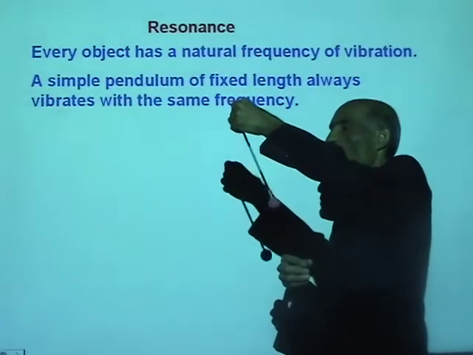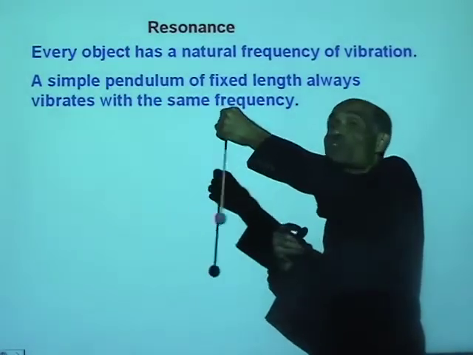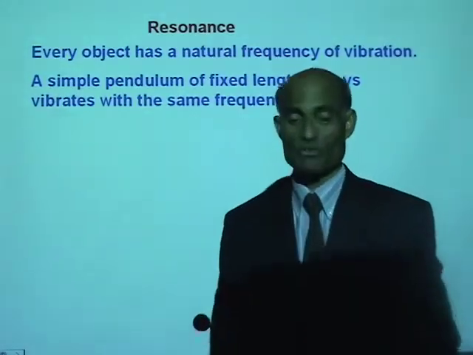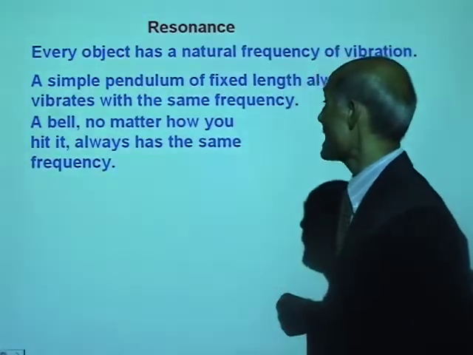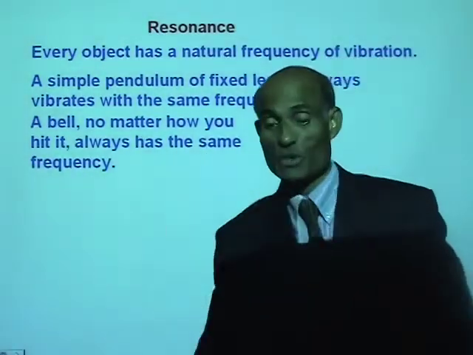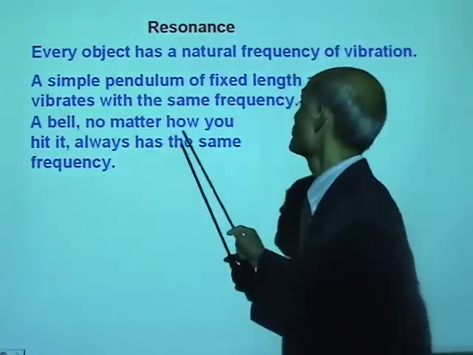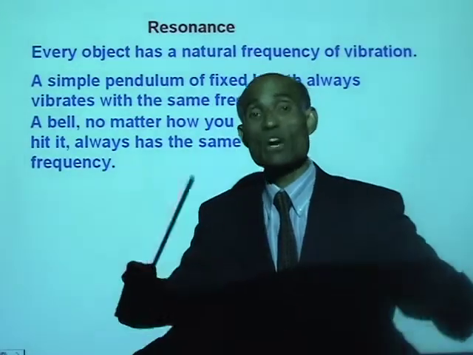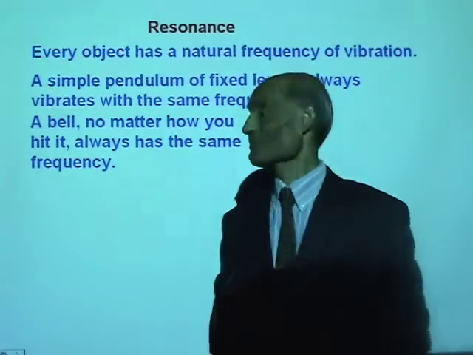That frequency will never change as long as the length remains the same. Now, a bell, no matter how you hit it, soft or hard, will vibrate with the same frequency. You cannot change the frequency by the way you hit it.